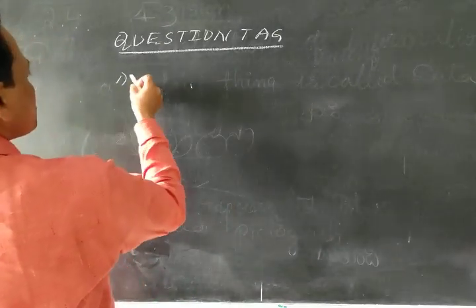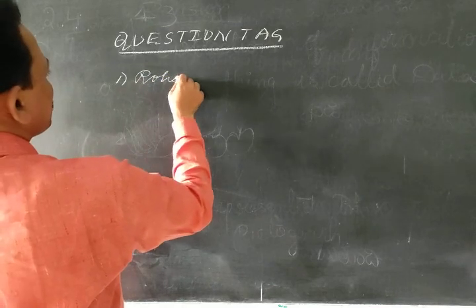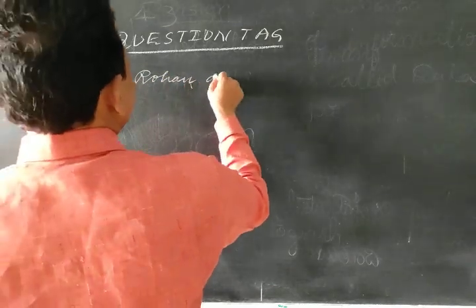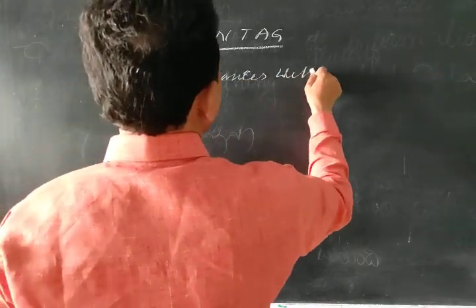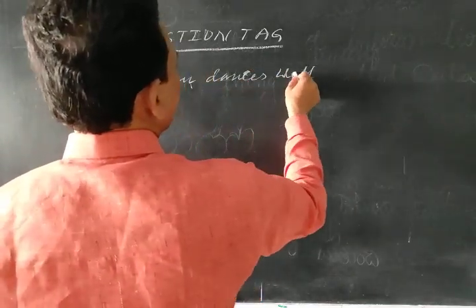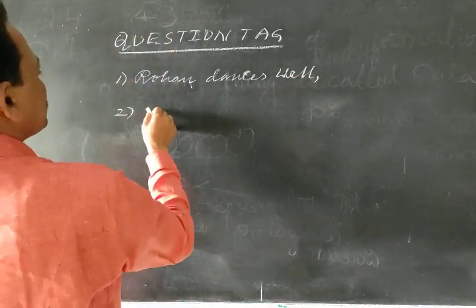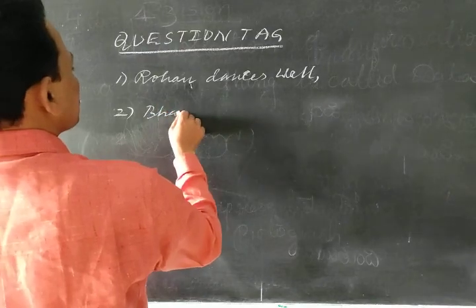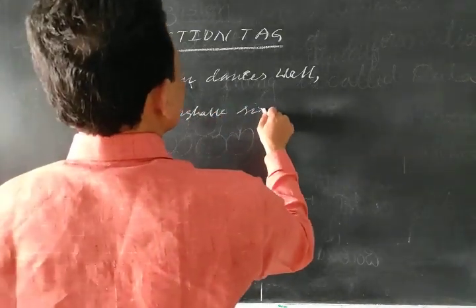Number one, Rohan dances well. This is one sentence, no? Rohan dances well. Then Bhargavi sings songs.